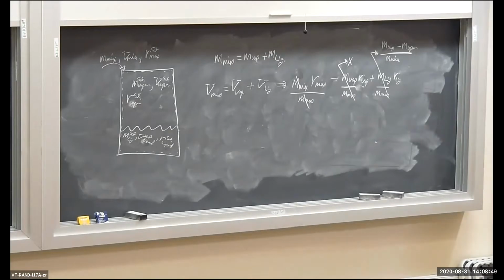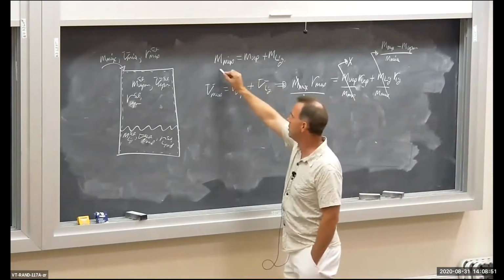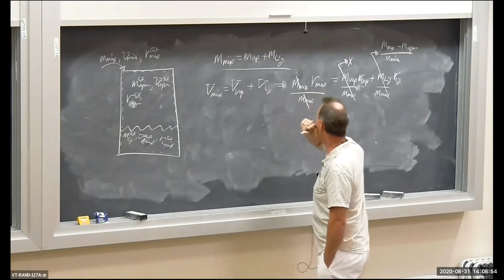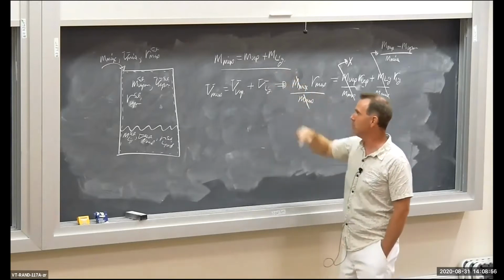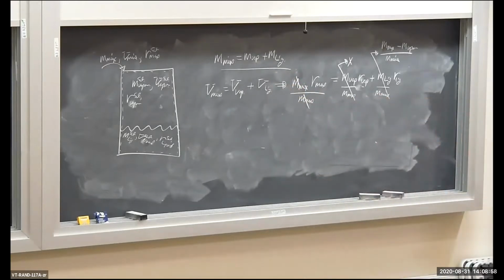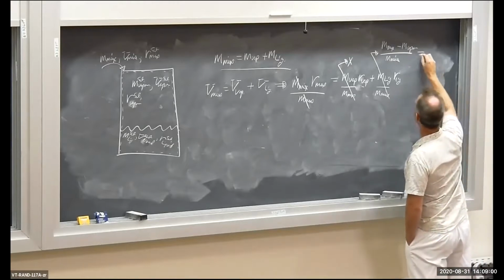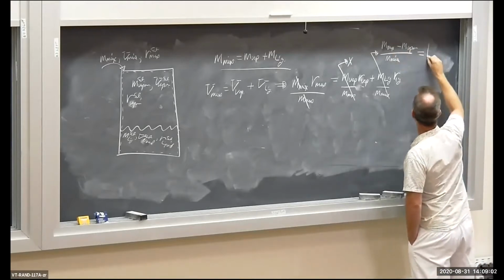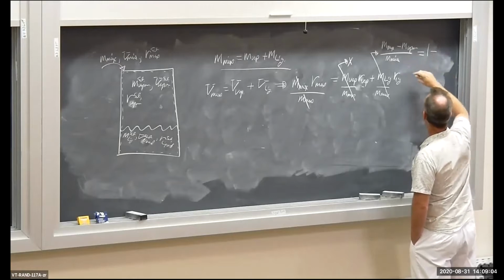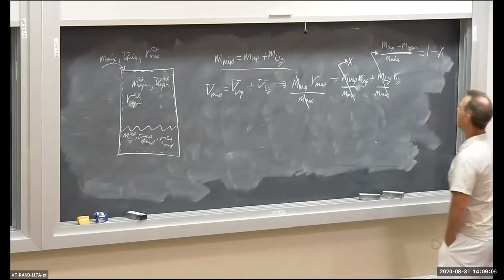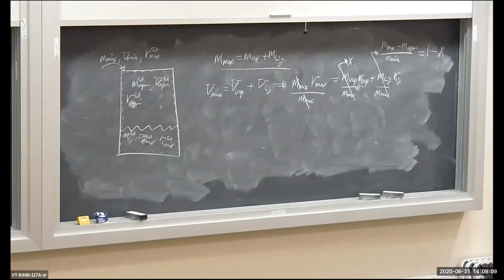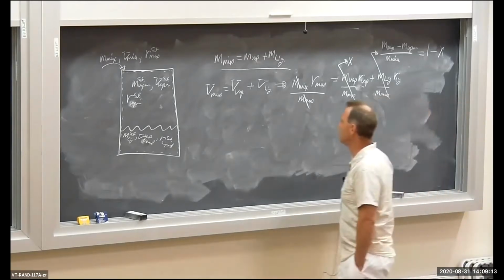I'm simply solving for the mass of the liquid from my mass balance: mass mix minus mass vapor. Well, this is equal to mass mix over mass mix, which is 1, minus mass vapor over mass mix, which gives me quality. So that fraction is equal to 1 minus the quality.